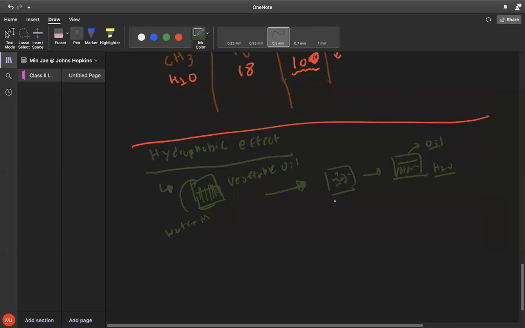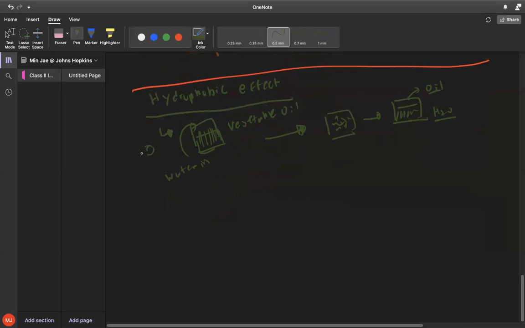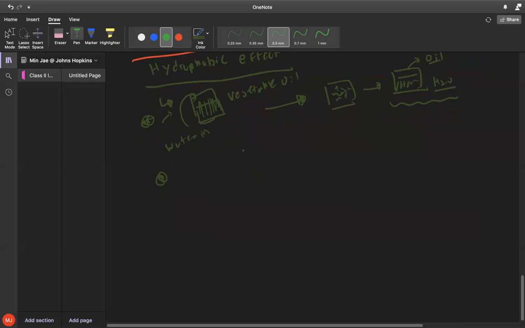Expecting the separation of oil and water is pretty self-evident, and I'll try to explain why this happens by including some of the properties that I've talked about, including the hydrogen bonding.